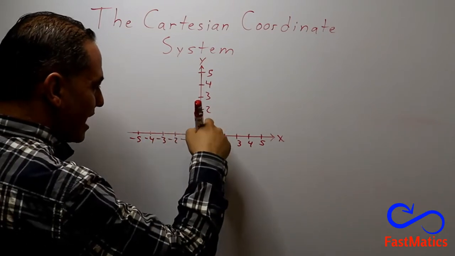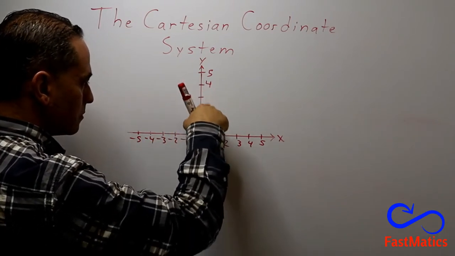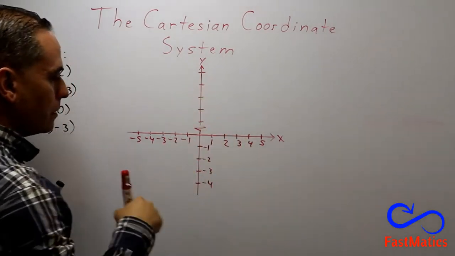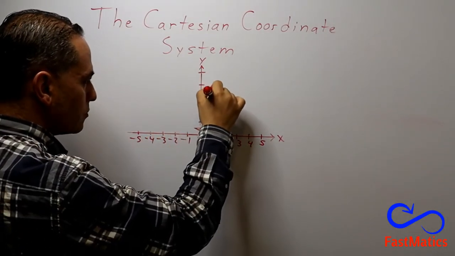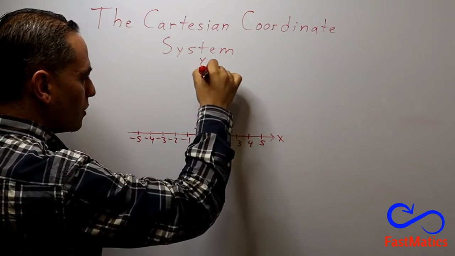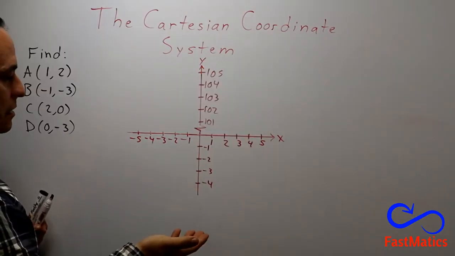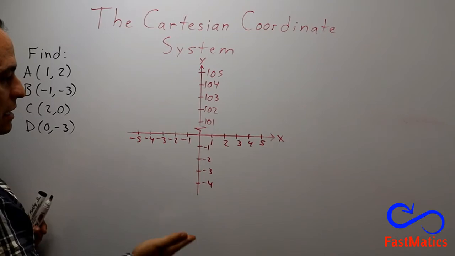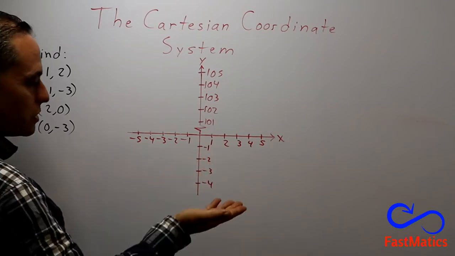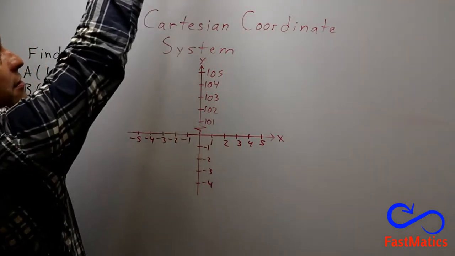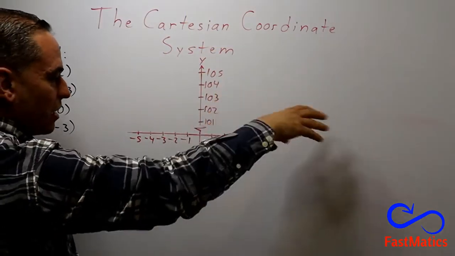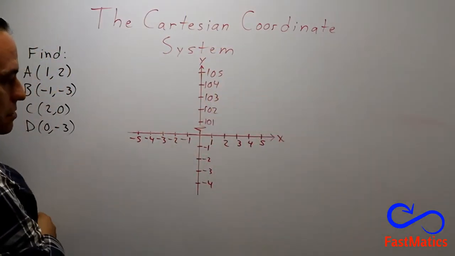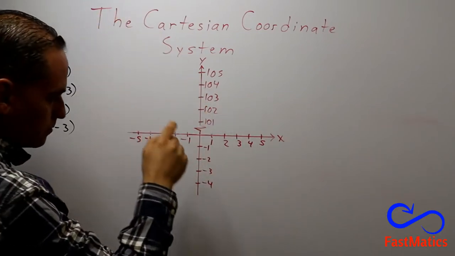And with that, you could put 101, 102, 103, 104, 105, saying that it is not important to draw that very high and to have nothing here. So you can do that also.